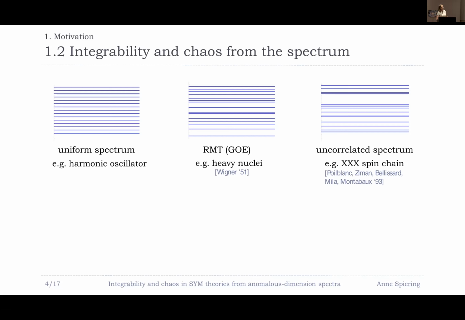And then people realized that the spectra of quantum models whose classical analogs are classically chaotic seem to have a universal feature, in that they can be described by random matrix theory. That then led to the conjecture by Bohigas, Giannoni, and Schmit that quantum chaotic models have spectra that can be described by random matrix theory.